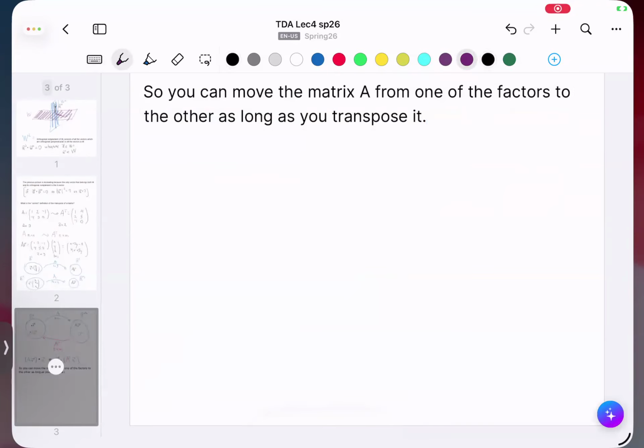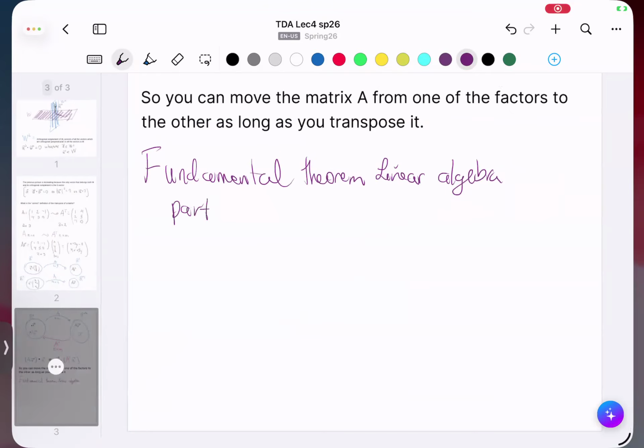So here's, instead of the fundamental theorem of calculus, the fundamental theorem of linear algebra. I'm not going to write all of it now. I'm just going to write part one, if you want.